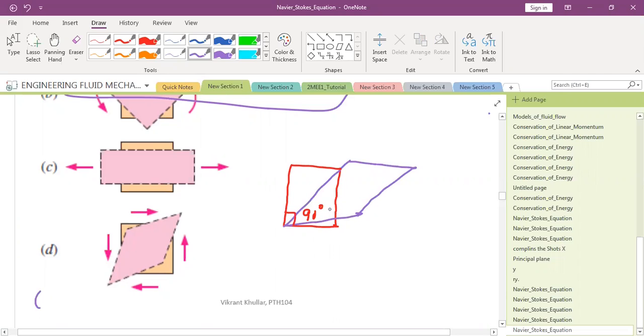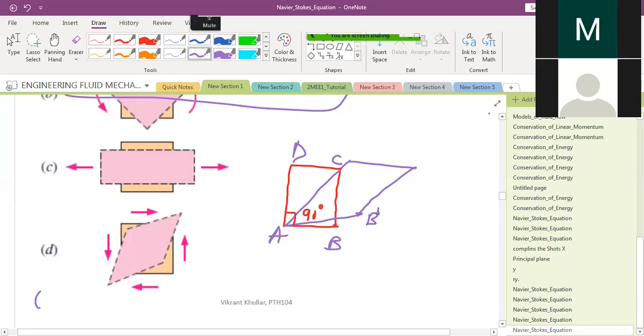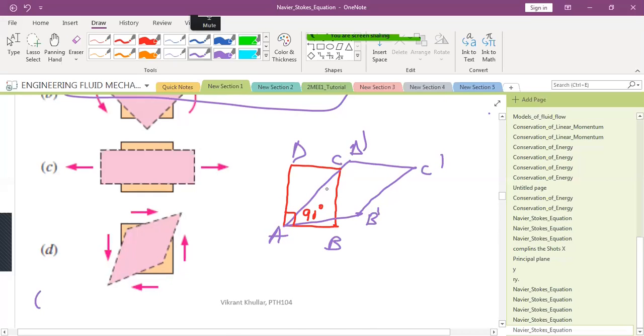So this is the fate of the element after it has undergone angular deformation. If I represent A, B, C, D as the original element, then I have A, B dash, C dash, D dash as the deformed element.